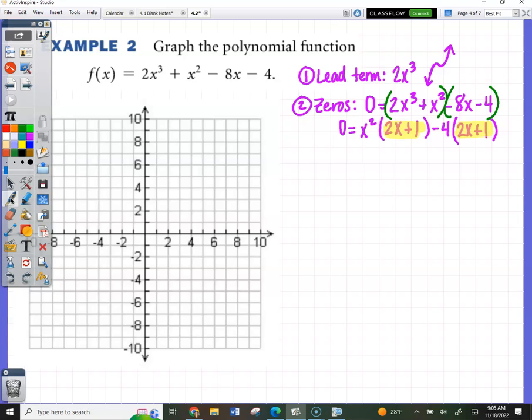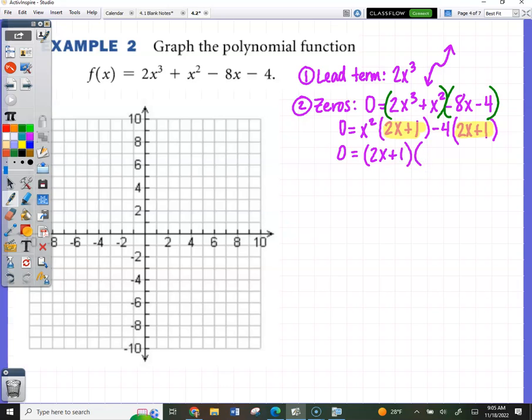Okay, so now what do they have in common? They've got the yellow in common. I need you to imagine picking it up and pulling it to the front as a single common factor. And then now you have to write what's left.